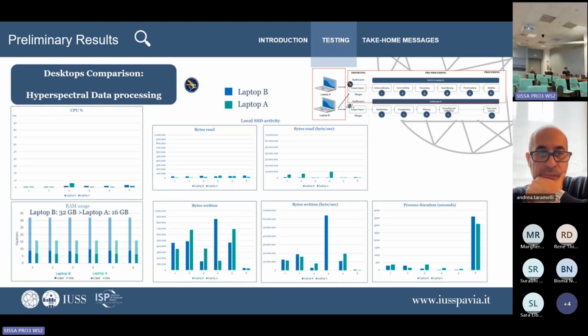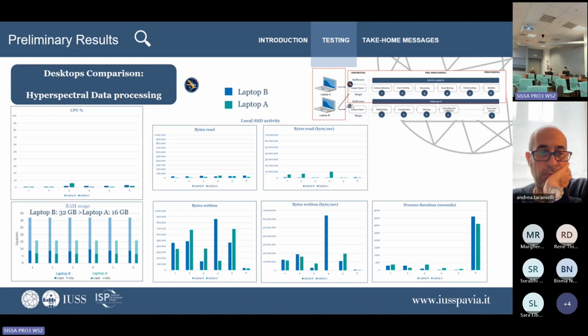In this case, we can see that the percentage of CPU used is very low in all the steps, with an exception for the third step, the mosaicing, where laptop A used more CPU.